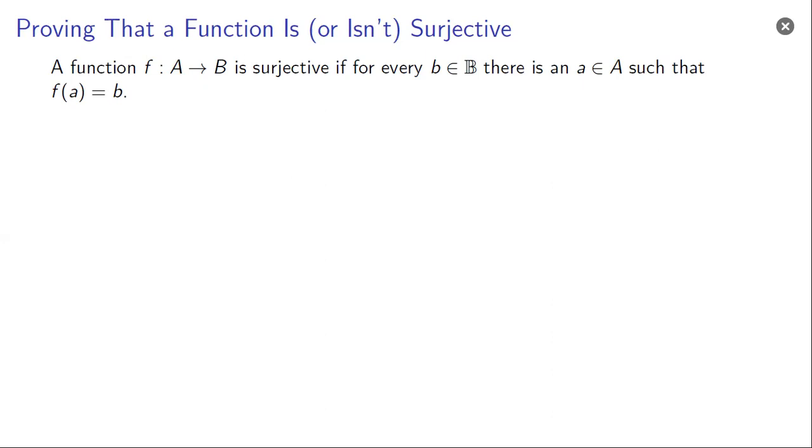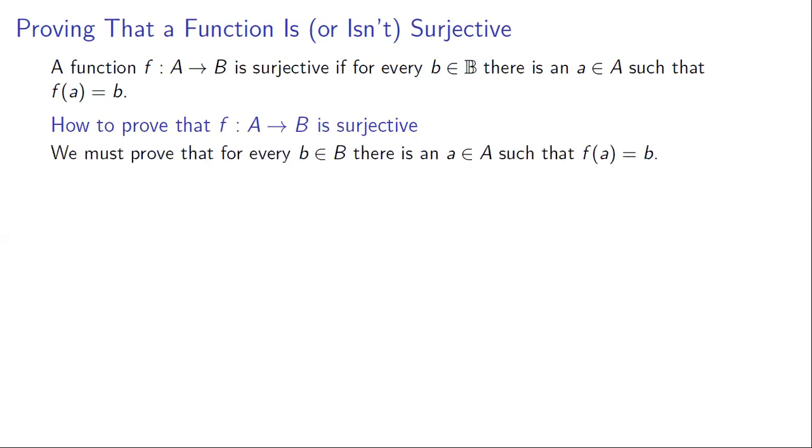So a function f from A to B is surjective if for every little b in B, there is a little a in A such that f of a is equal to b. So how do we prove that a function f from A to B is surjective? Well, we must prove that for every little b in B, there is a little a in A such that f of a is equal to b.